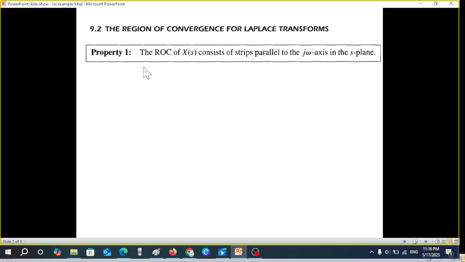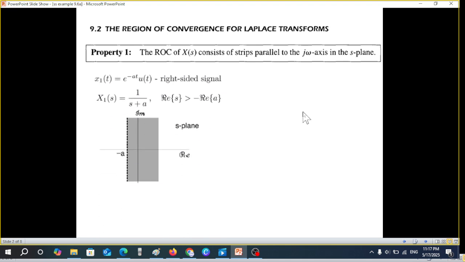The first one is that the ROC, or the region of convergence of X(s), consists of strips parallel to the j omega axis in the S plane. Let's see what he means. If this is the signal, because of the u(t), it is a right-handed signal.